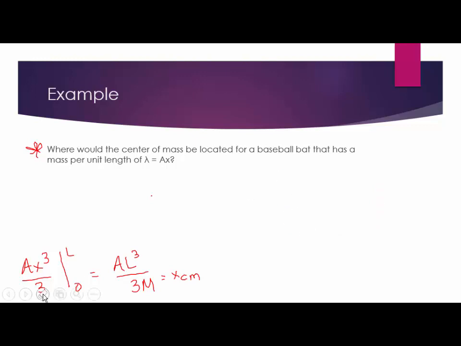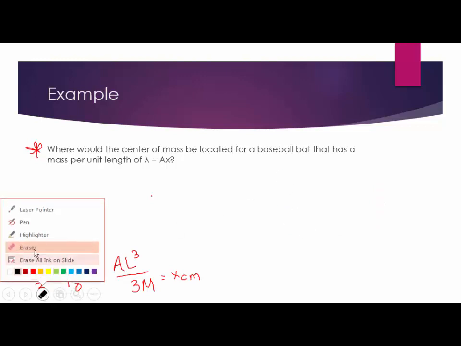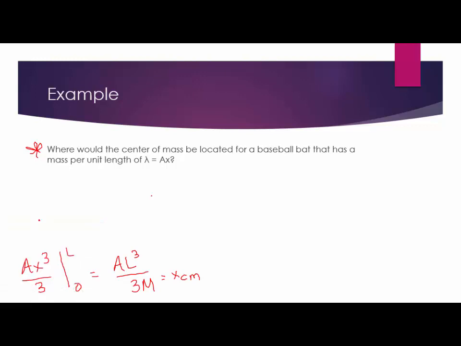Before, remember we said that the mass is equal to lambda times the length, which is all fine and good if your lambda is constant, but as we can see here, it is not, so we need to integrate because it's changing.